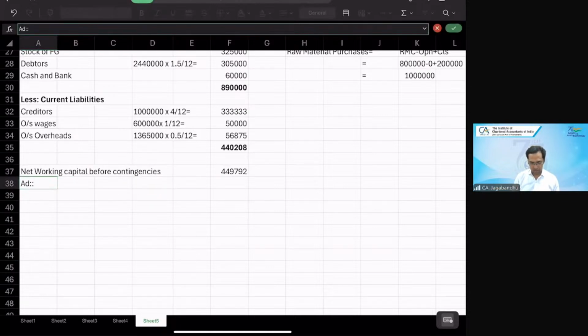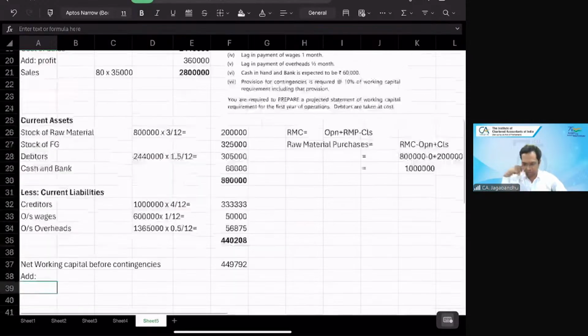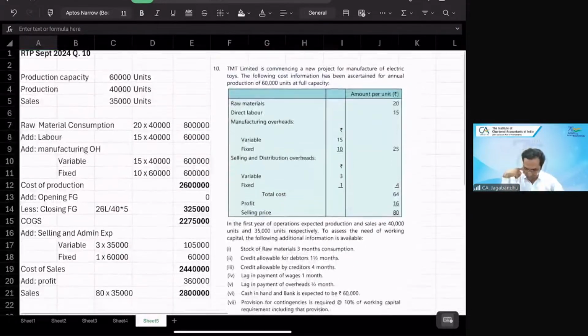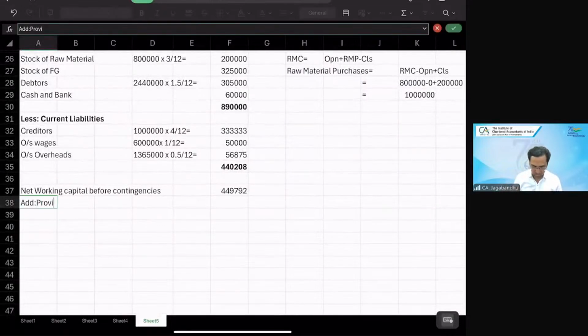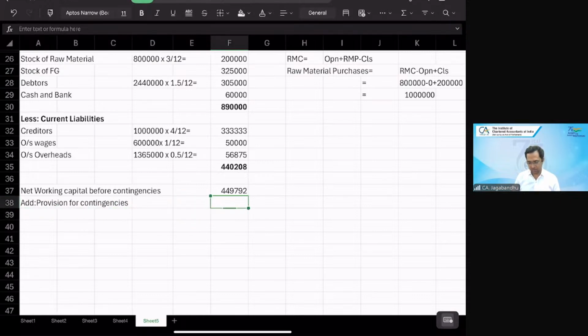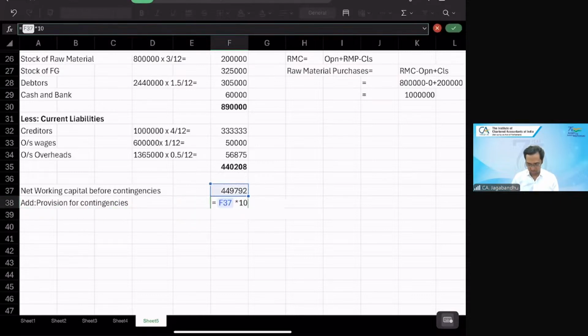And then we add to that the provision for contingencies required at 10% of working capital, which is this into 10%.